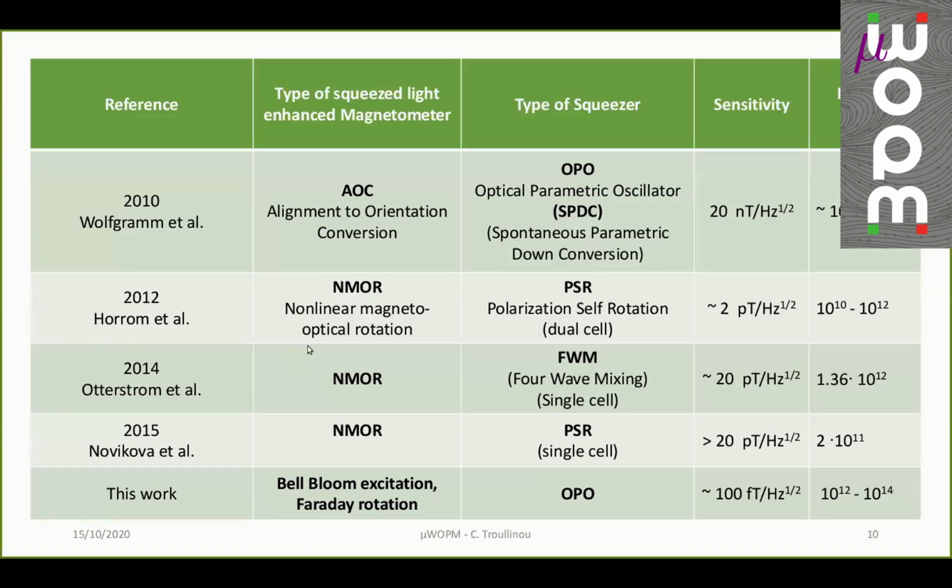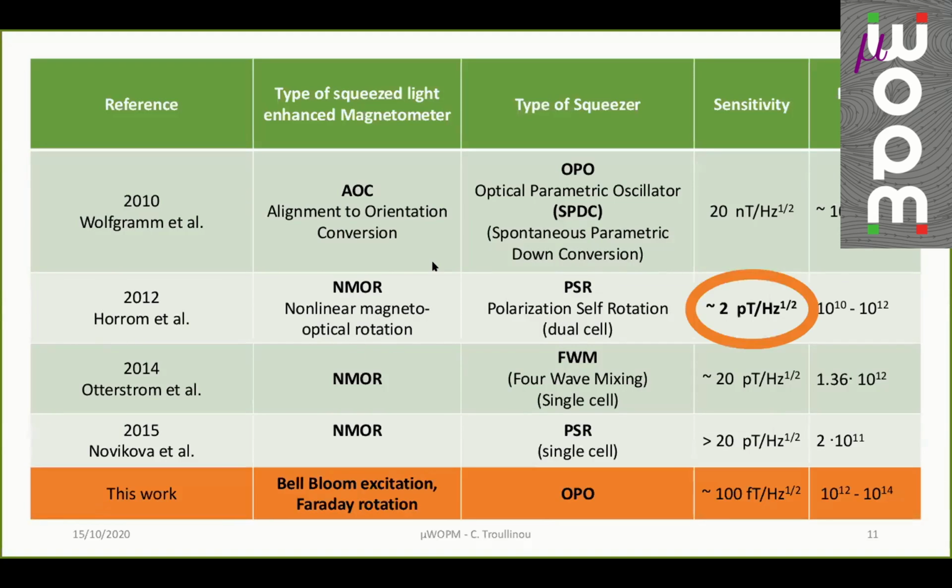So those methods, along with different types of magnetometer techniques, have been used in the past decade to investigate this question of whether squeezed light can help in magnetometers. And the main result I would like to point out here is the best record so far, which gives a sensitivity of 2 picotesla per root hertz for a magnetometer.